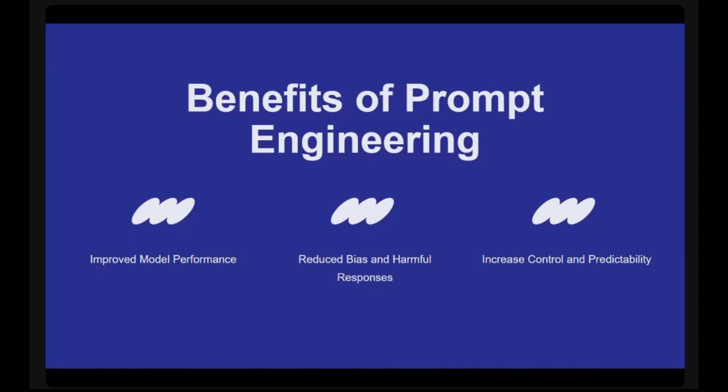It wants to take your feedback. It wants to see what kind of answer you like, and then it stores that in its memory, how many people like this answer, so that next time when someone asks that question, it produces the same answer. So that is improved model performance.